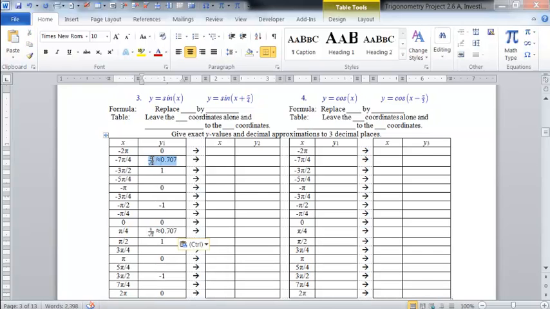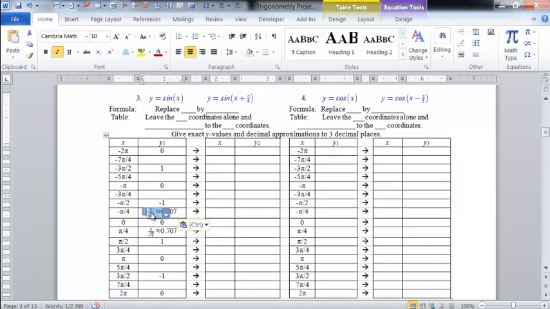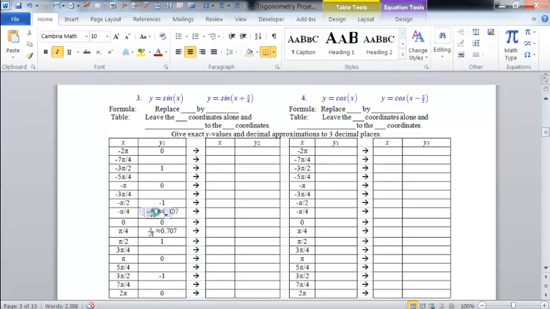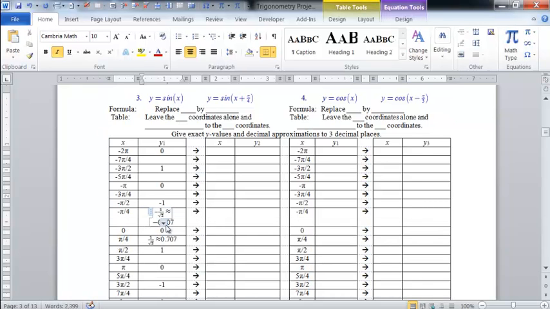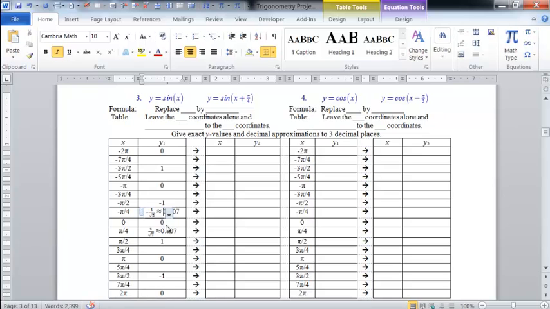But at negative pi over 4, this should have a negative in front of it. And the remaining ones I've got to fill out are one of these two things.